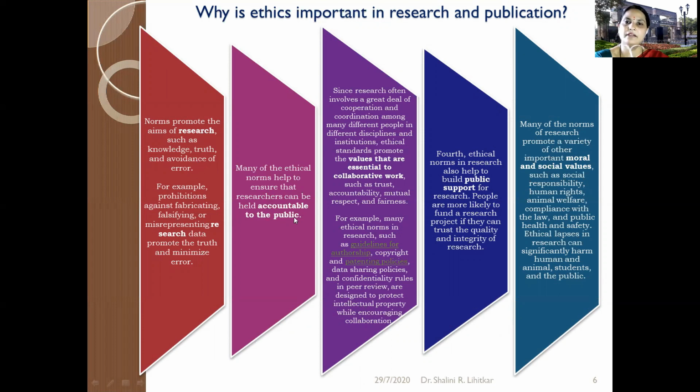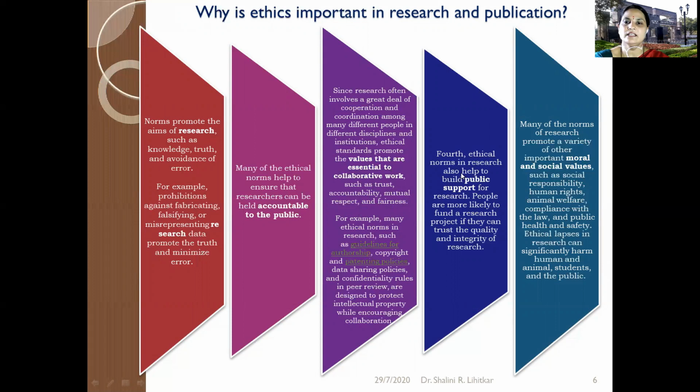When we do research, we are generally coordinating among many different people, disciplines, or institutions, and ethics promotes the values that are essential to collaborative work. For collaborative work, there should be trust, accountability, mutual respect, and fairness.